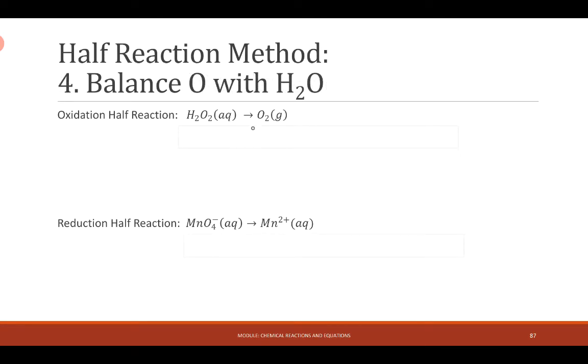The next step in our half reaction method is to balance out the oxygens with H2O. I have to add H2O to wherever I need more oxygens. Here I have 2 oxygens and 2 oxygens, and so I'm done. I don't need to add any water there.